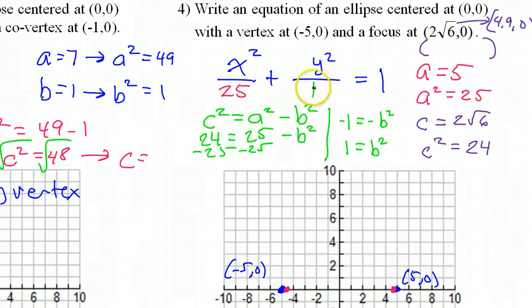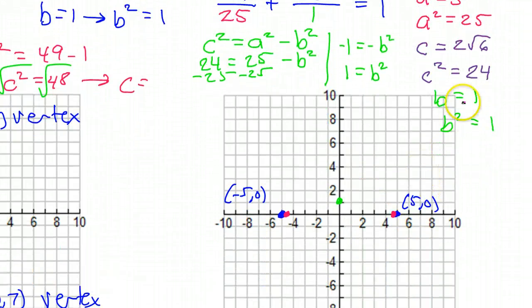By the way, if b squared is 1, okay, that means that b is also 1. Okay, so b is 1, b squared was also 1. But this 1 tells me how far to go for the co-vertices. So I'm going to go 1 up and down.